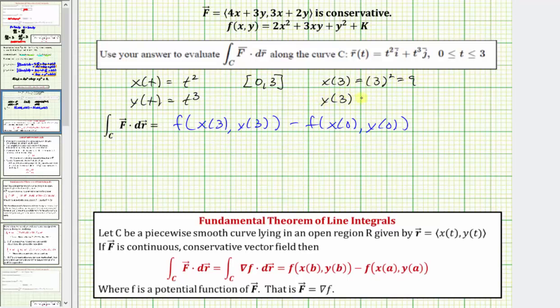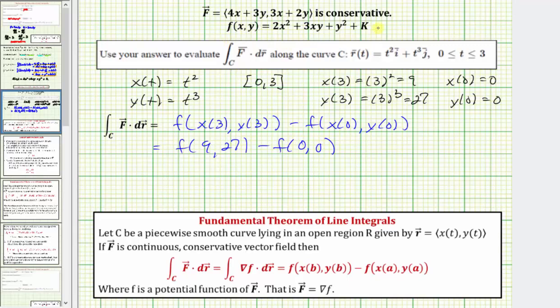Y of 3 is equal to 3 cubed, which equals 27. And both x of 0 and y of 0 are equal to 0. So here we'd have f of 9 comma 27 minus f of 0 comma 0.